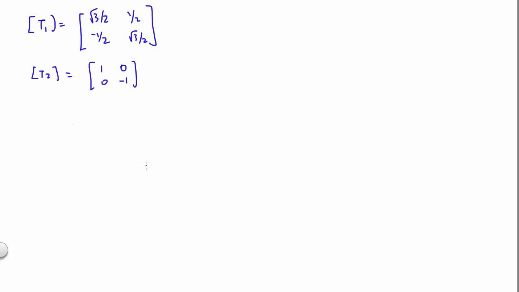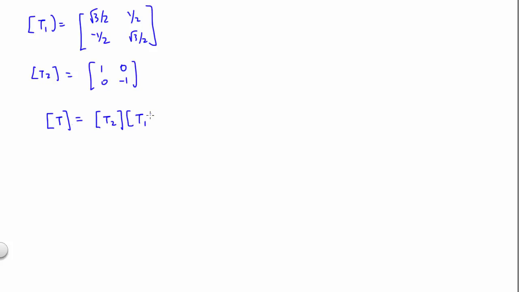I've written down the standard matrices for the two parts of the transformation that we had on the previous screen, and now we need to think about how to build the standard matrix for T. Well, the idea is that the standard matrix for T is going to be the product of the standard matrices for each step of the transformation, but we need to be a little bit careful about the order in which we multiply these.